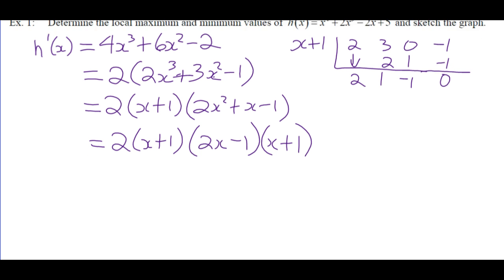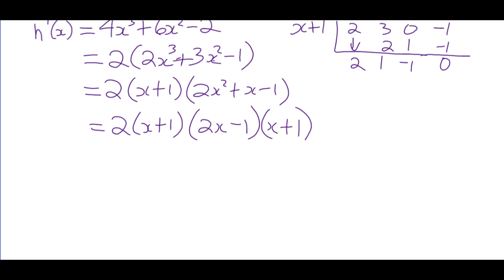Anyways, we got this. So what have we got? Well, we've got 2x plus 1 squared and 2x minus 1. So h prime of x always exists, right? And is 0 when x is negative 1 or positive 1/2.